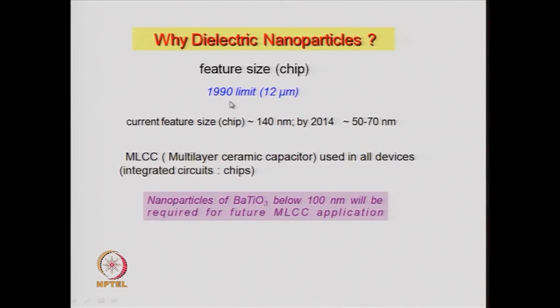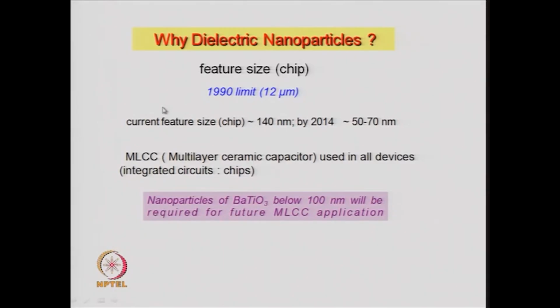Below 12 micron people could not make a chip in 1990. Today the size of the chip has been reduced to around 140 nanometers in the best cases, and it is predicted that by 2014 the size of the chip will be reduced to 50 to 70 nanometers.